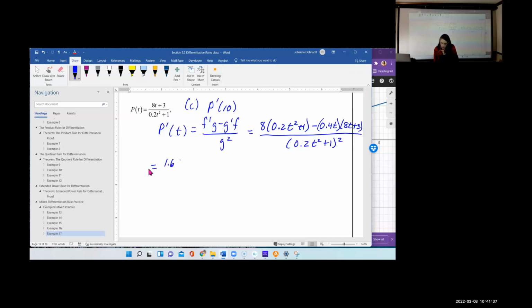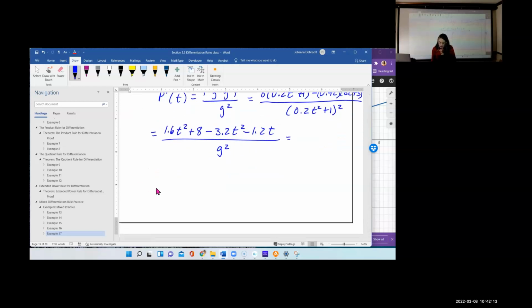I get 1.6t squared plus 8 minus, and now I'm going to work above, which is going to give me 3.2t squared plus 1.2t. Then I change the sign, so it becomes minus 3.2t squared minus 1.2t, all over the denominator squared. And I'll teach you a trick, which is just to write g squared until you're done.